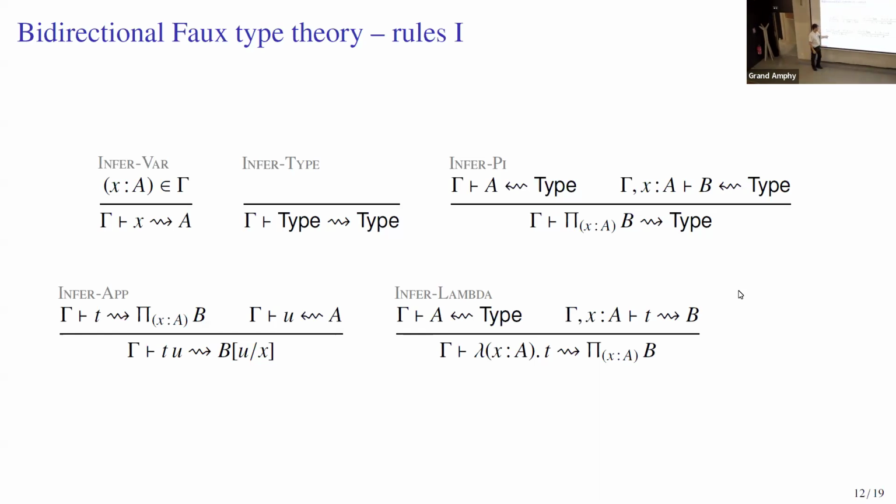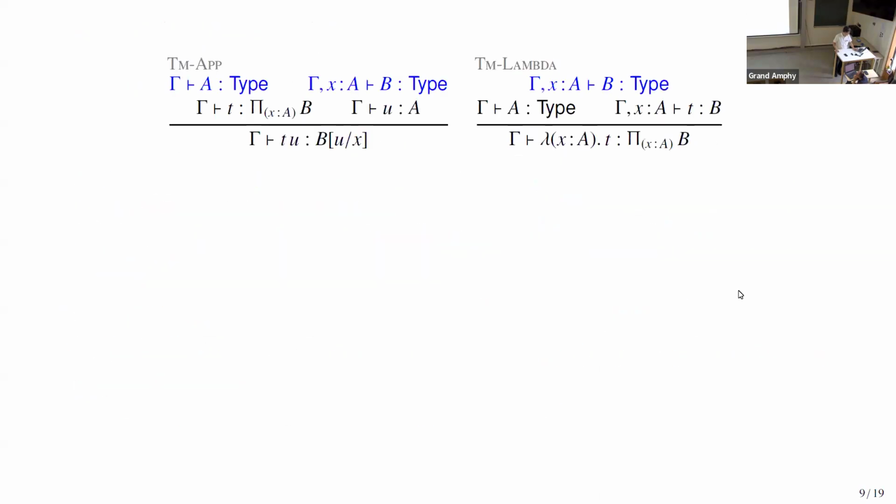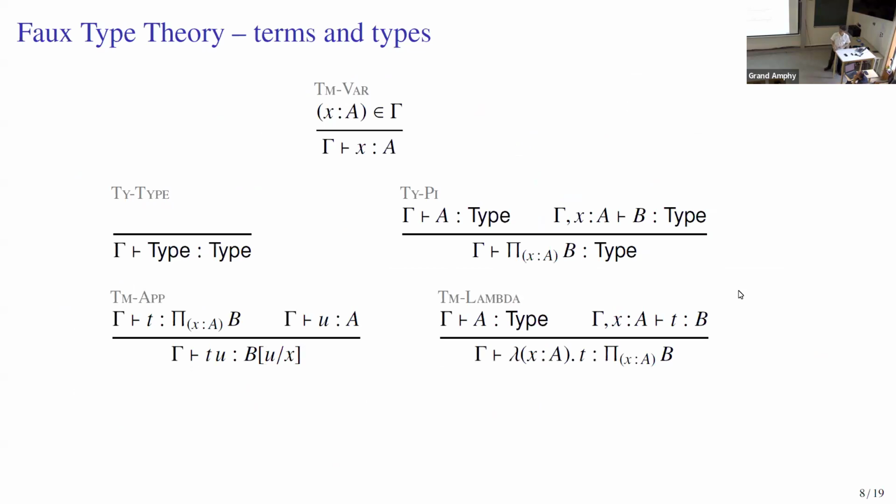Okay, so let's see this one. If you have an application, do you want to check its type or do you want to infer it? Let's go back to the rule. Take a moment to see how to figure out that this needs to be inferring. Okay. Here, if this is to be checking, checking means somebody's going to give me a type C here.